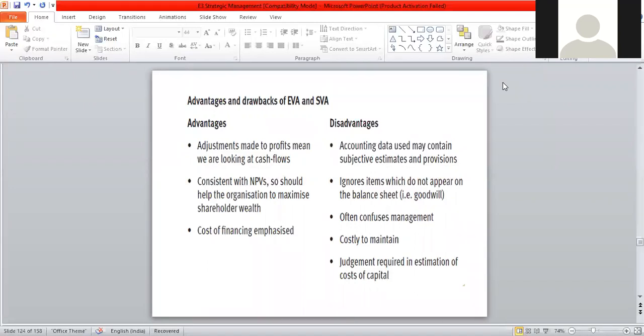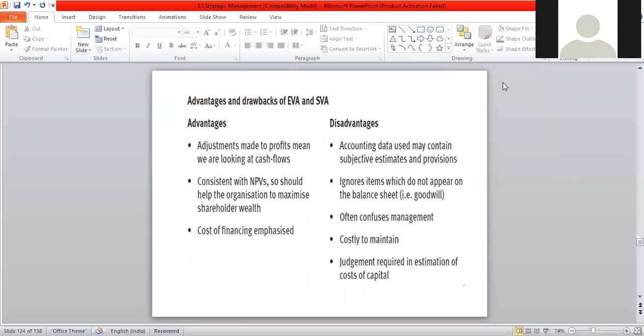NPV should help the organization to maximize shareholders' wealth, and cost of financing is emphasized. So the formula talks about deducting cost of capital. Otherwise, if cost of capital is not taken into consideration and if the profit is not sufficient to meet the cost of capital, then obviously the shareholders would not be paid dividend. That was not highlighted by way of calculating the profitability ratios.